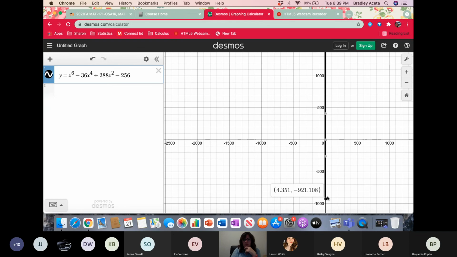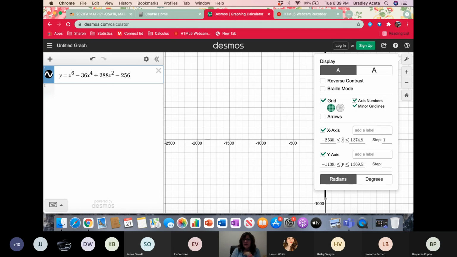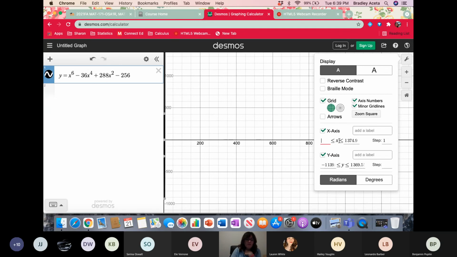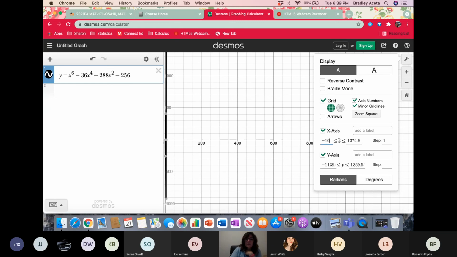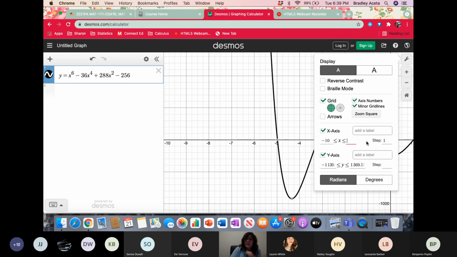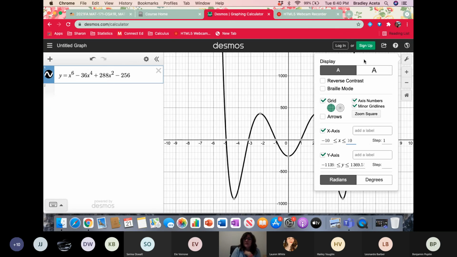So if 4.3 looks to be my x, I'm going to go to this little wrench, and I'm going to go to where it says x-axis, and you can see right now it's got a very large number. I'm going to try to delete this number. And 4.3, I don't know, let's make it negative 10 for the x. And then let's make the, ooh, I saw something. Let's make the other x 10. Look at that. That looks pretty good.